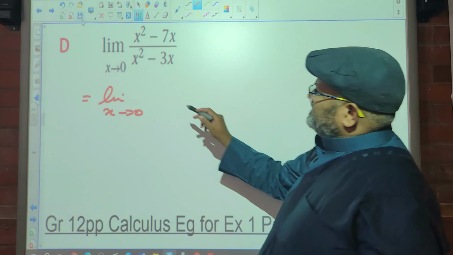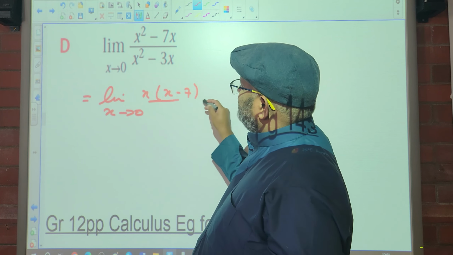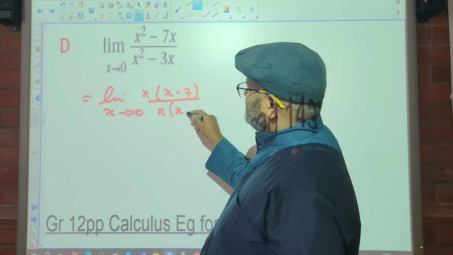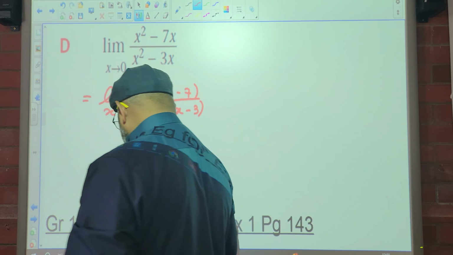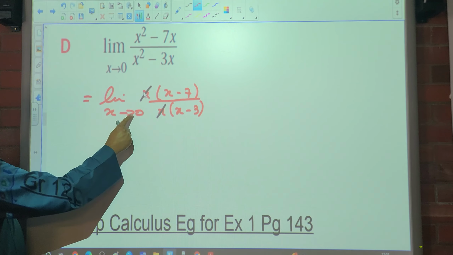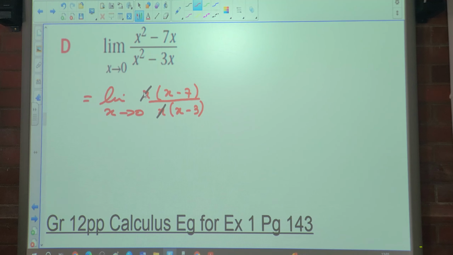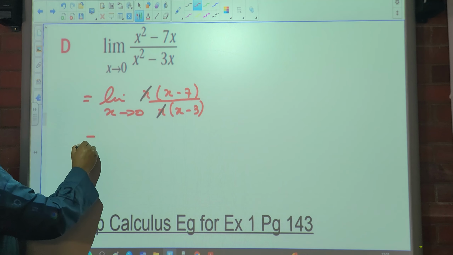So what do we get in the numerator? x times x minus 7 over x times x minus 3. What's going to happen now? Cancel. So we have the limit as x approaches 0 of x minus 7 over x minus 3. Can I put the 0 in there now? Yes, so do the substitution.